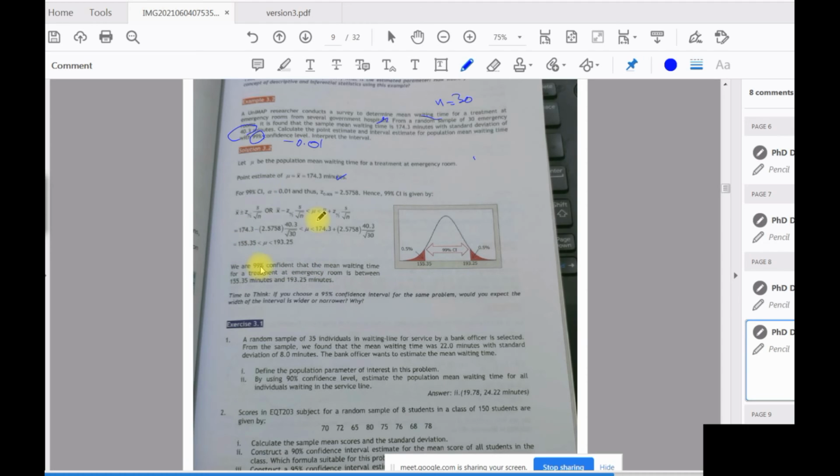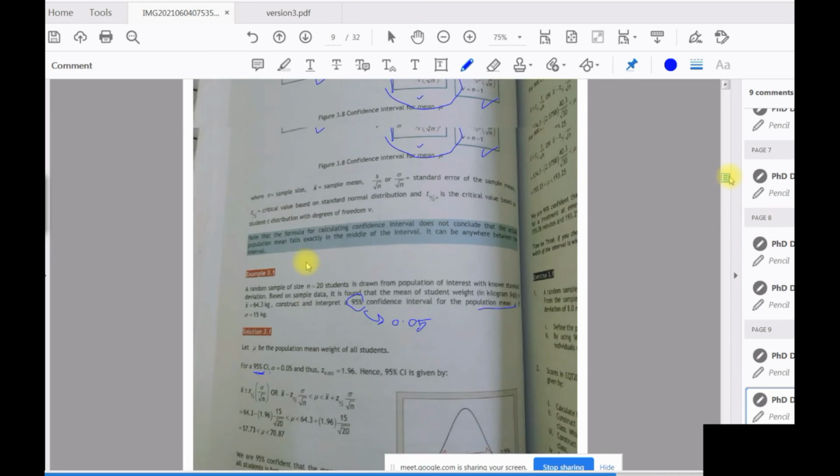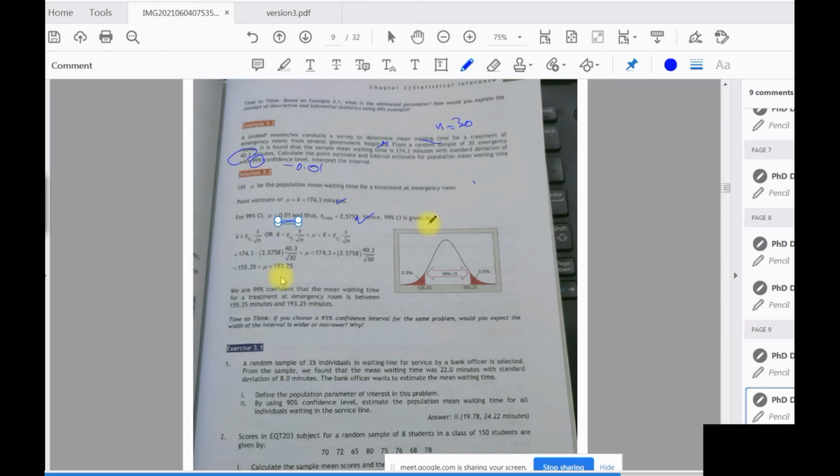So we have 99% confidence that the mean waiting time for treatment at the emergency room is between, so this is the conclusion, the two limits of the interval. So you can do the exercise.